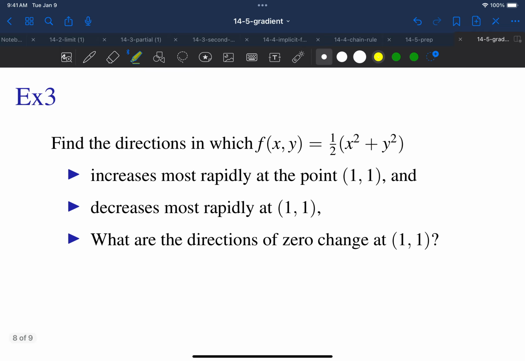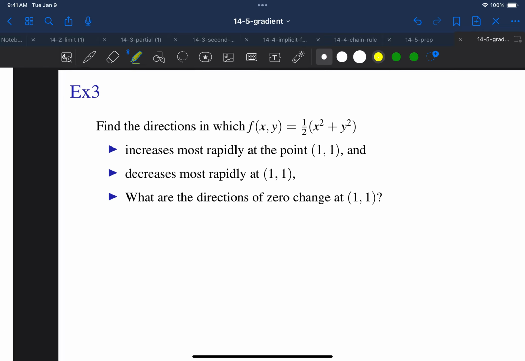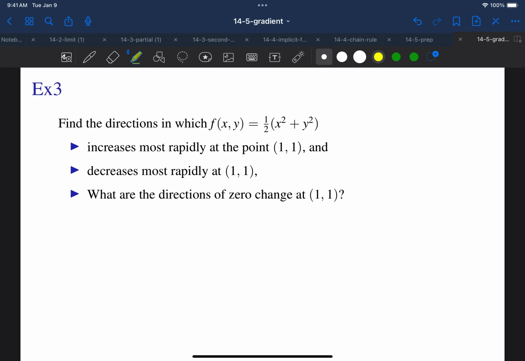All right, now we are going to look at the next example quickly, which applies the properties we've analyzed. So example 3. Here is a mountain with a surface given by 1/2 x squared plus y squared. We know that this is a paraboloid. It's not really a mountain, it's a valley, I think.